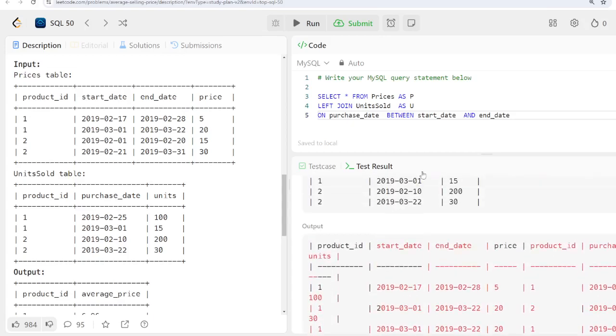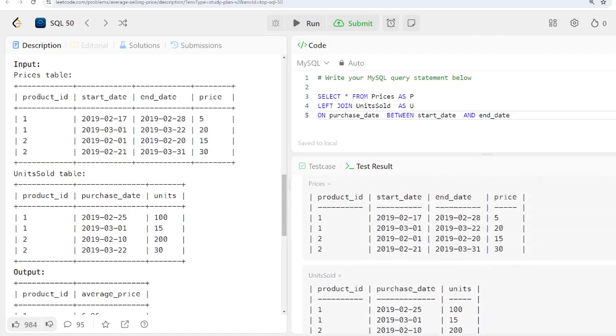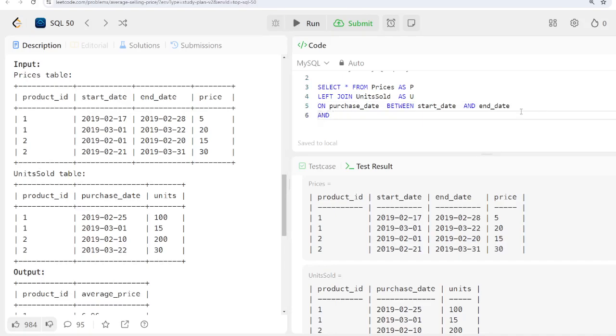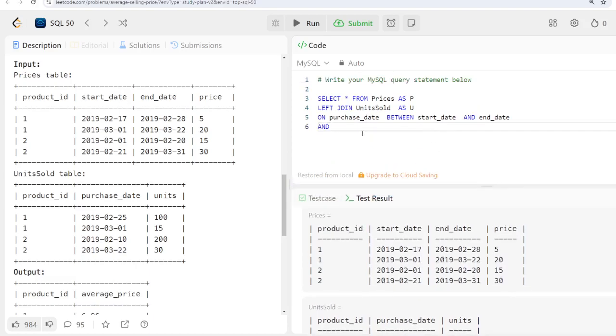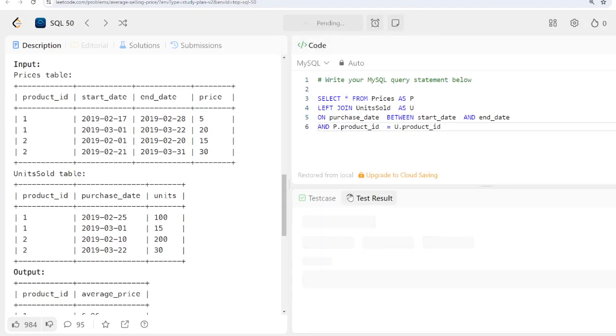That is why we also have to mention one other condition, that the product ID should also be the same. So I should say that and product ID, let me copy. So P dot product ID should be equal to U dot product ID. And now let me run.